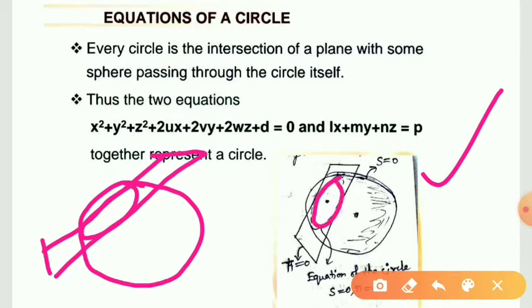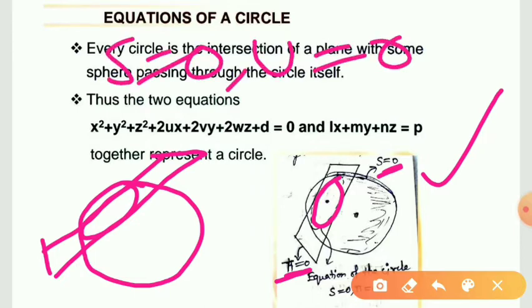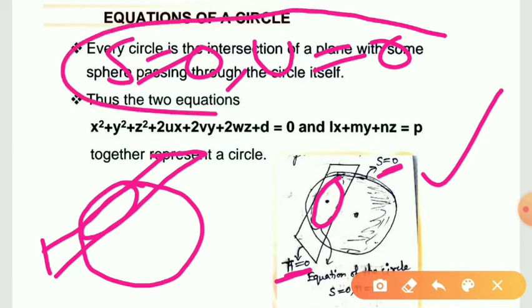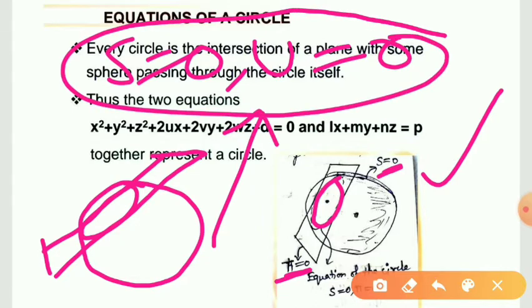Therefore, the equation of a circle in 3-dimensional geometry can be represented by two equations: S equal to 0 and U equal to 0. S equal to 0 is the sphere and U equal to 0 is the plane. These two equations together give the equation of a circle in three-dimensional geometry.